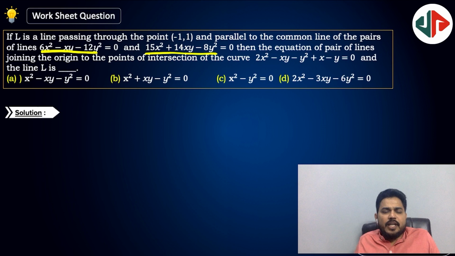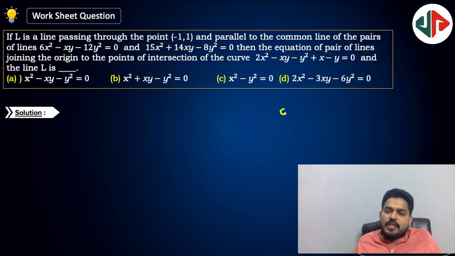We need to check. 6x square minus xy minus 12y square is equal to 0. It's only factorization.